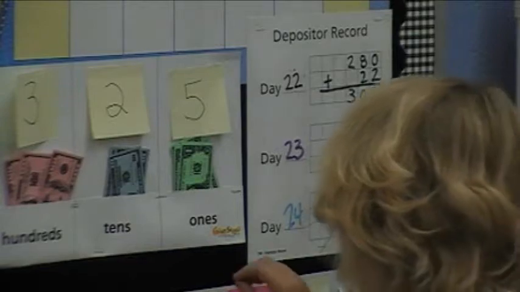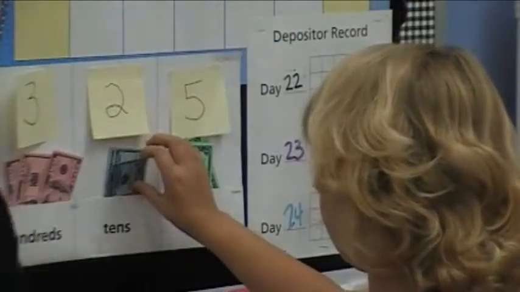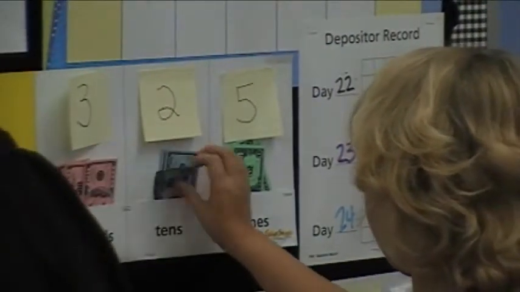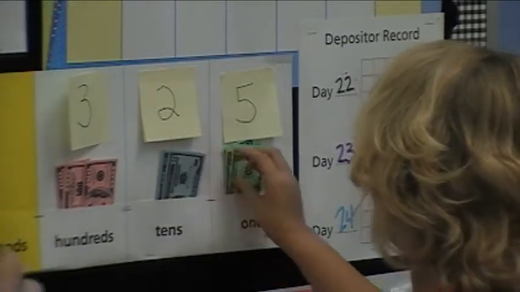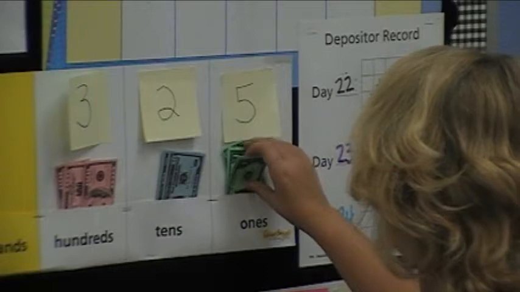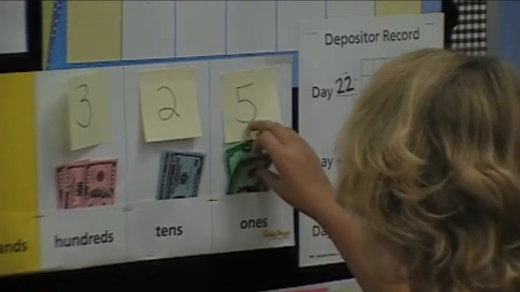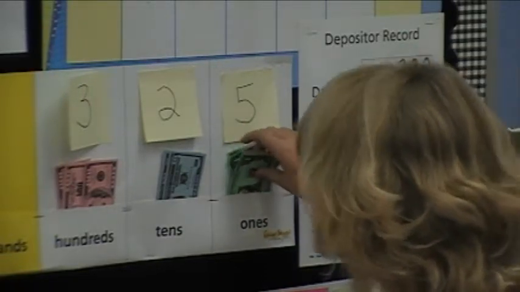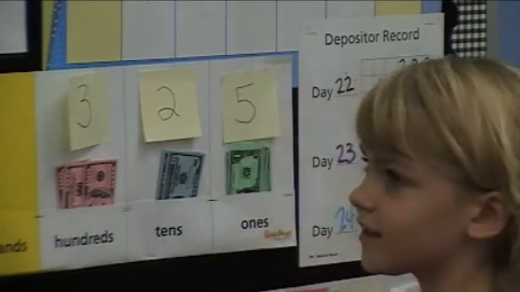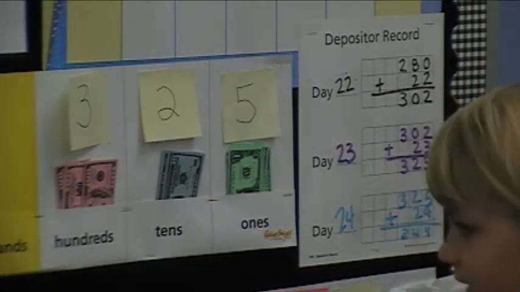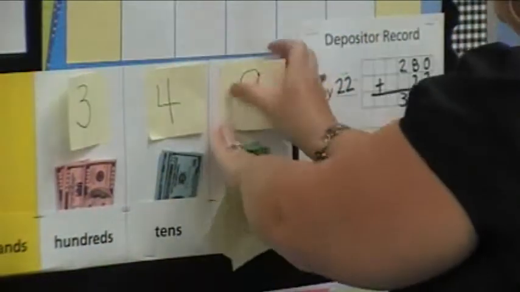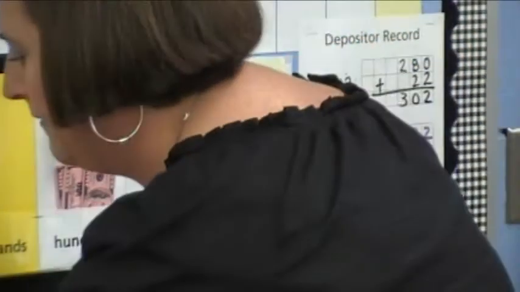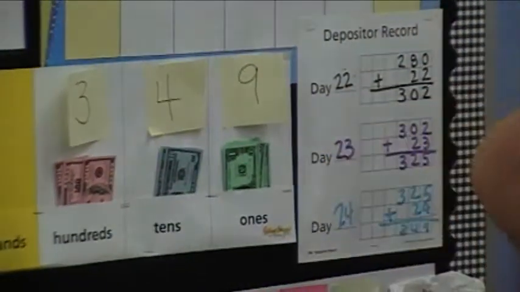Go ahead and count and see if you're correct. We are correct. Good job. All right, we've got $349 today. Our money's growing. If you had $349, what could you buy?